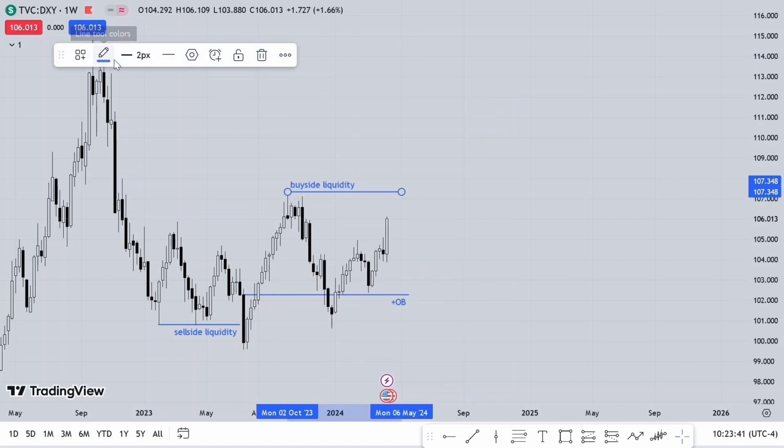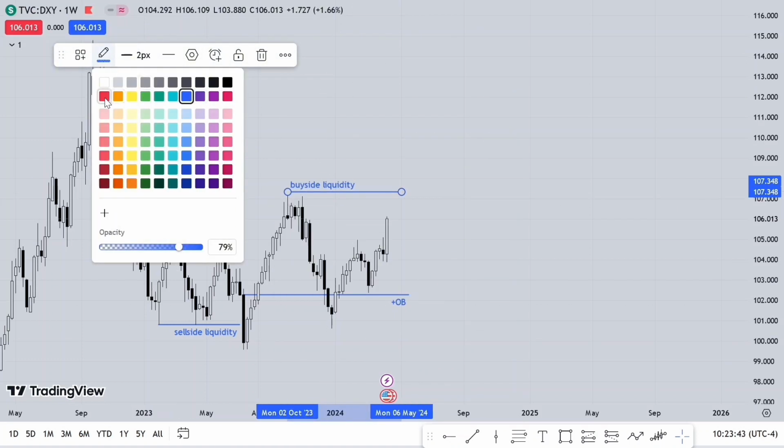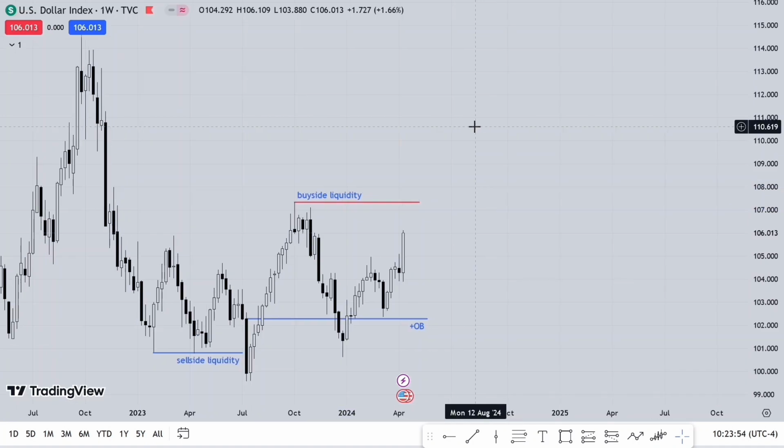We indicated from the previous video that the dollar is bullish because of the order flow from the higher time frame. The higher time frame order flow for the dollar is bullish.